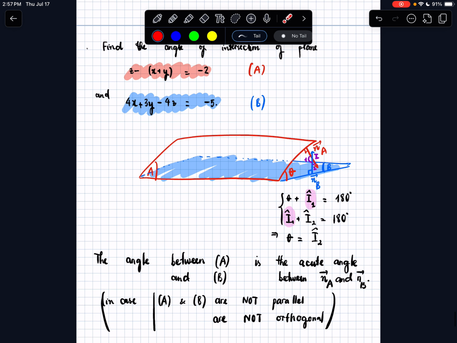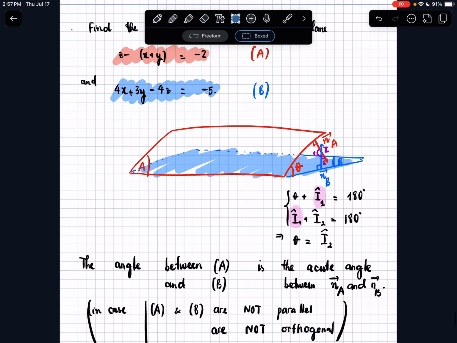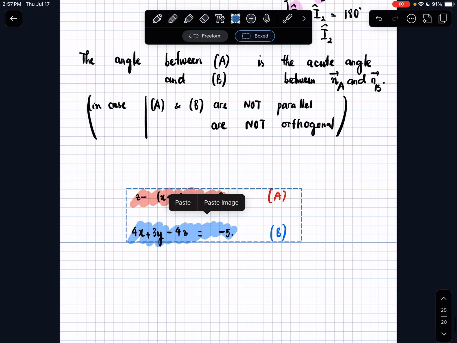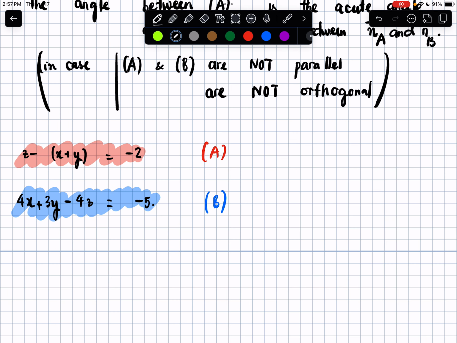So from these two equations, we know that the normal vector of A, NA, is the coefficients -1, -1, 1, and NB is 4, 3, -4.